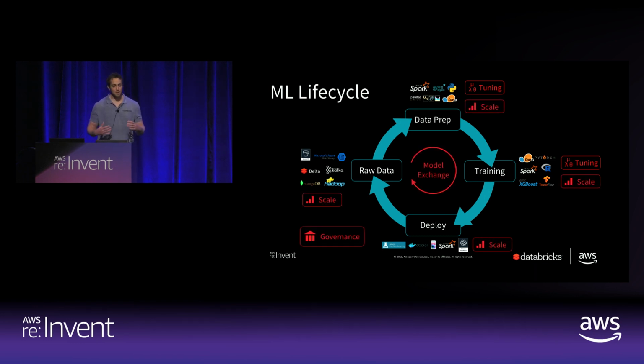And finally, assuming this all happens at scale, the last major hurdle is model exchange and governance. See, it's not enough to just train a machine learning model once in isolation. For every model that comes out of training or is in production, an organization should have a complete understanding of exactly how that model was trained. And that includes the source code that trained the model, the version of that code, who trained it, and a bunch of other important metadata.